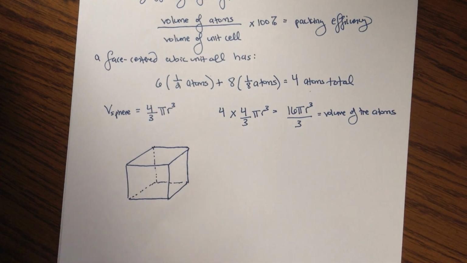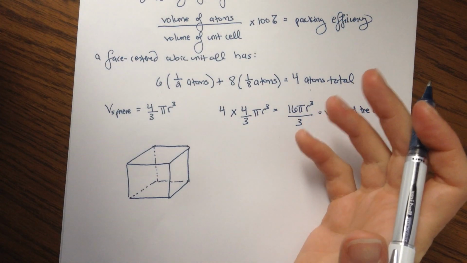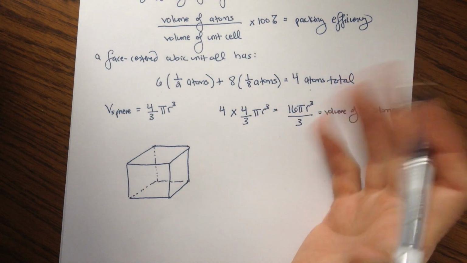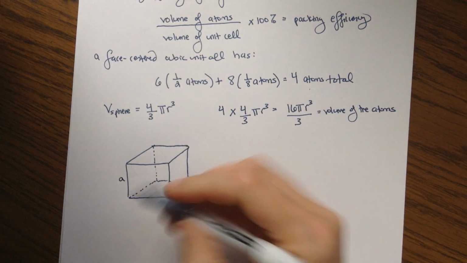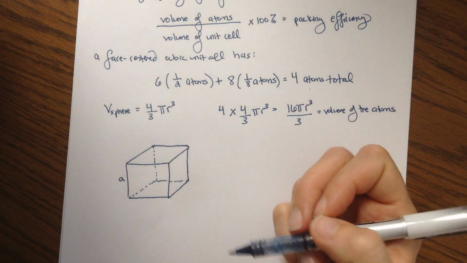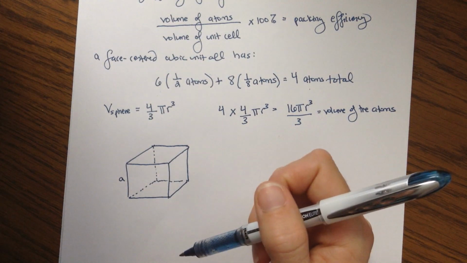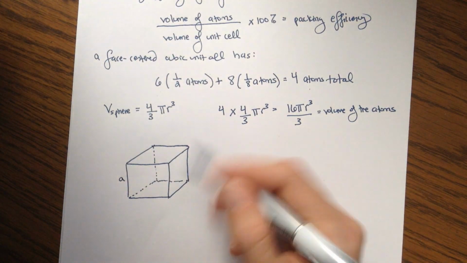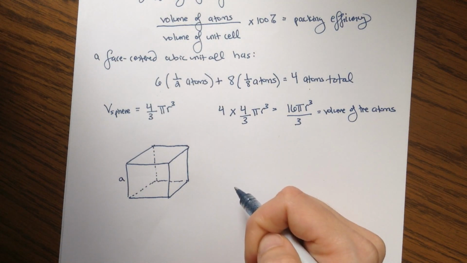Okay, here we go. Here's a rough sketch of a cubic metal cell, and in this case we're looking at a face-centered cell. I'm going to call each side of this cube a. I haven't drawn the atoms in here because that might clutter up my picture too much, but we'll look at how the atoms are arranged in just a second.